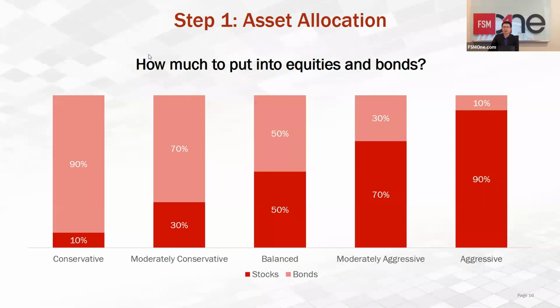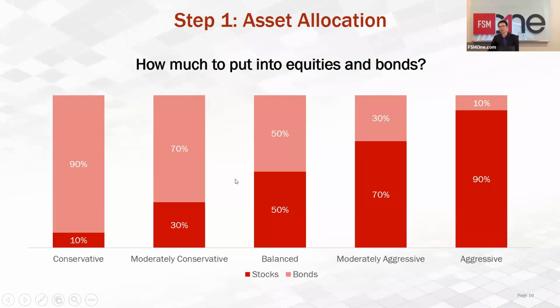And of course, on the other end of the spectrum, you also have the more aggressive investors. Aggressive investors generally tend to have a longer investment horizon. Young adults, students, or adults with no immediate financial obligations can come under aggressive investors. The kind of allocation they want for their portfolios is about 90% to stocks and 10% to bonds.